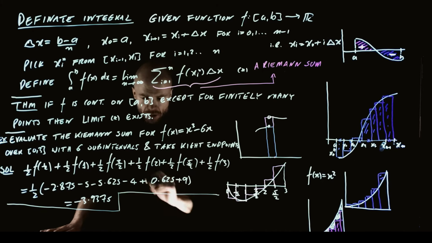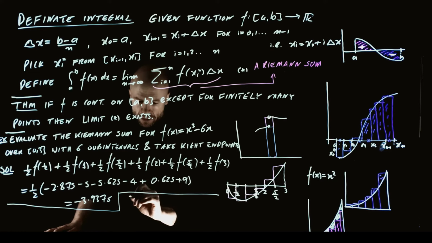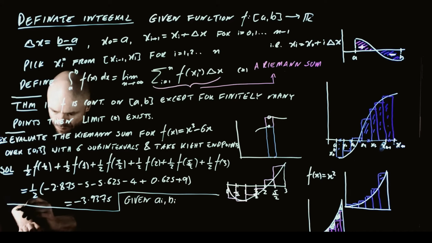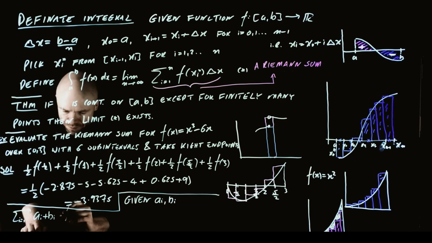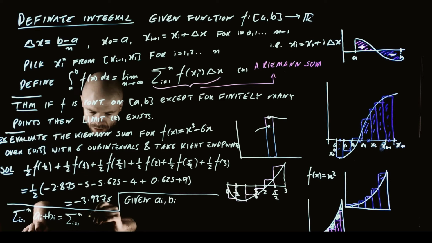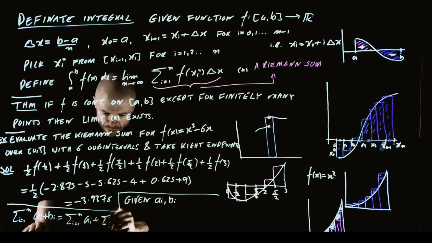We know that if we have some given numbers ai and bi, and we consider the sum from i equals 1 up to n of ai plus bi, that's exactly the same thing as the sum from 1 up to n of ai plus the sum from i equals 1 up to n of bi.